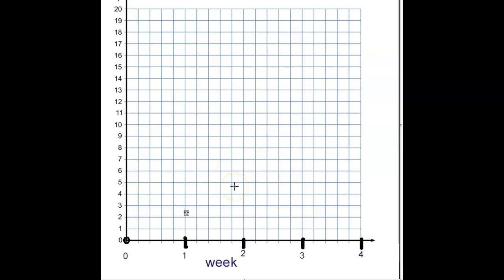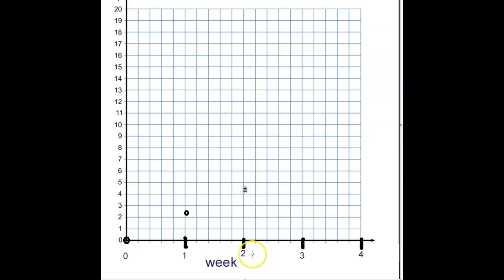You're going to be doing this by hand, and I will give you graph paper whenever we get to meet in class. So now we go to week 2, and it was 4.6 centimeters. So I'm going to week 2, and I'm going up to 4.6, and I'm making a circle there.